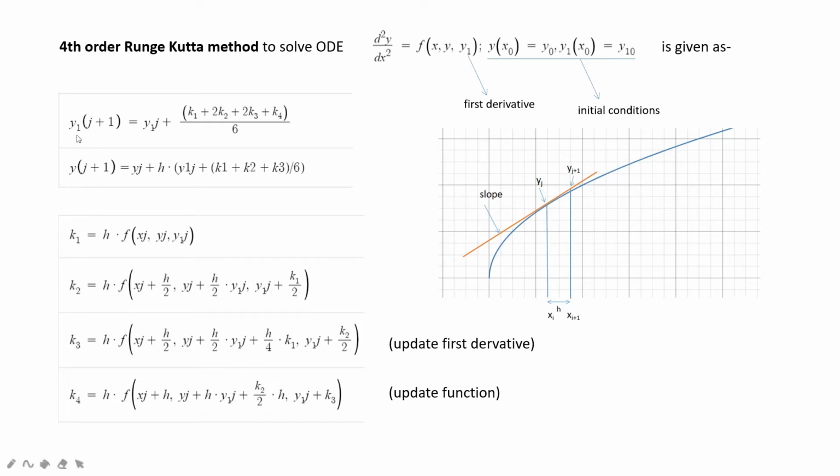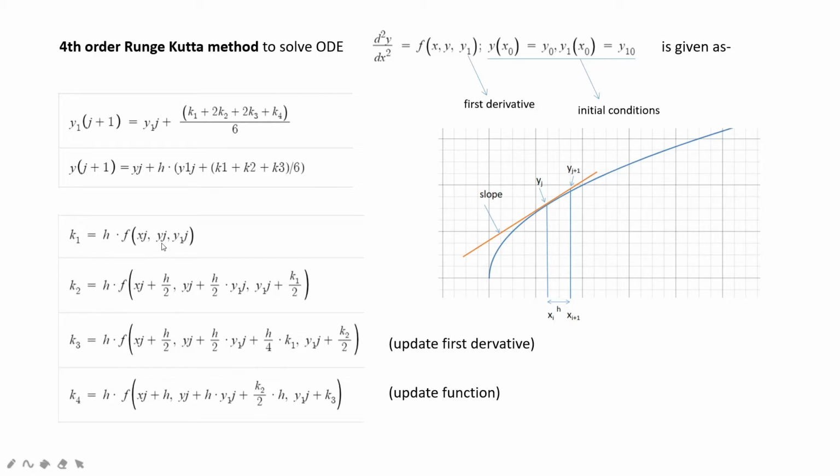The first derivative at j plus 1 will be y1j plus some sort of weighted sum of k1, k2, k3, k4, where k1, k2, k3, k4 are nothing but the slopes in the neighborhood of point xj comma yj.